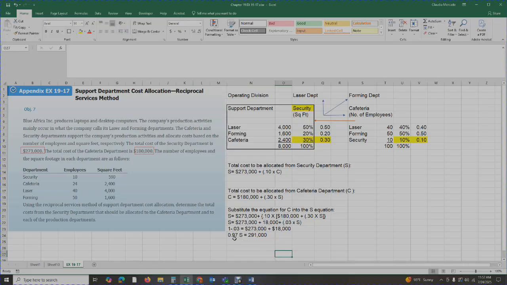And now we can solve. We have 0.97 S is equal to 291,000. What are we going to do? We're going to have to divide both sides by 0.97. Let me see if I can make it look a little bit normal.